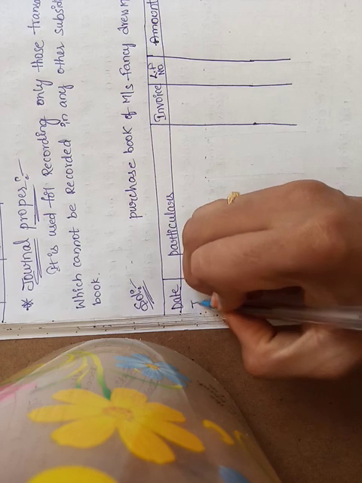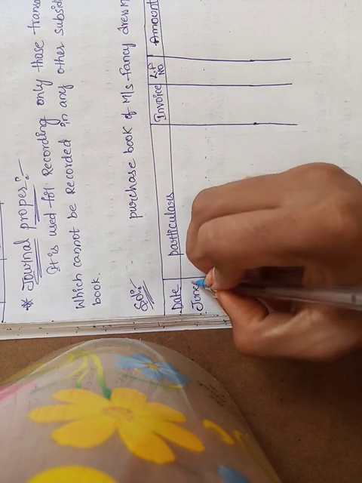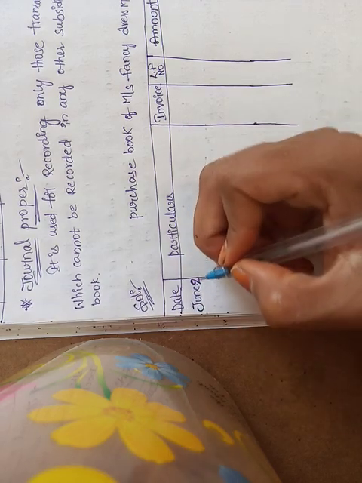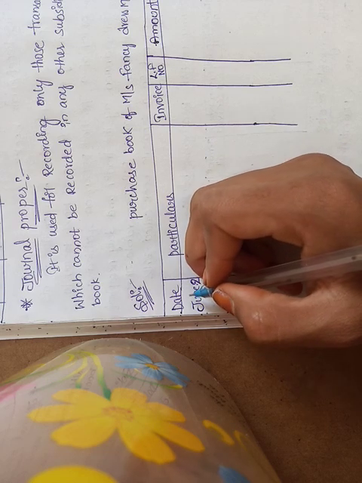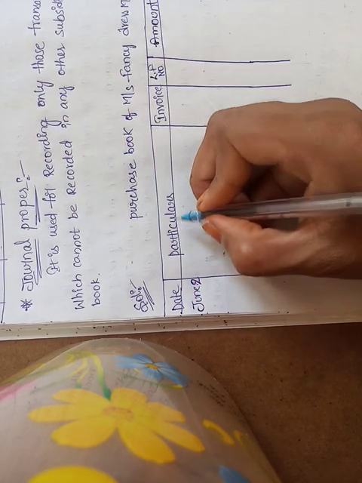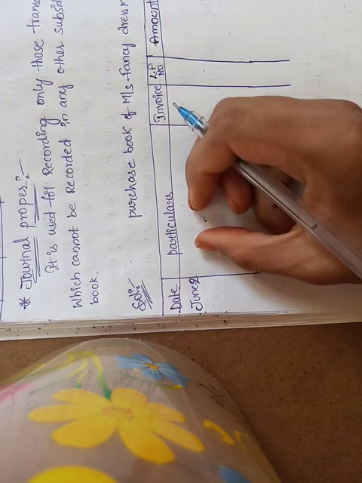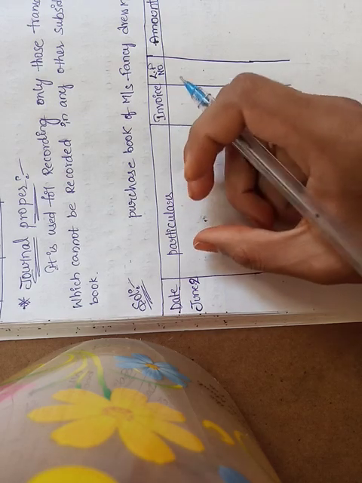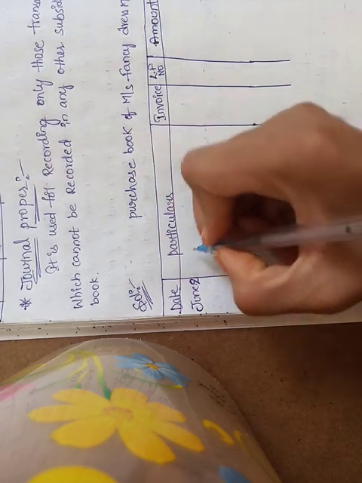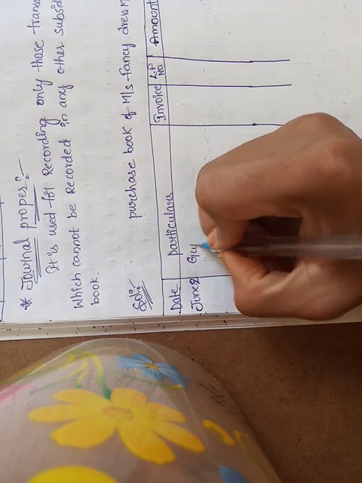Which date? June 2nd. So purchased from Gupta of Guntur. In particulars, we write only the name of that person. Okay, Gupta of Guntur.